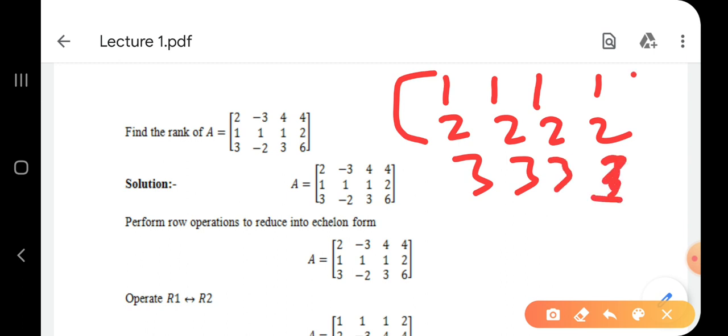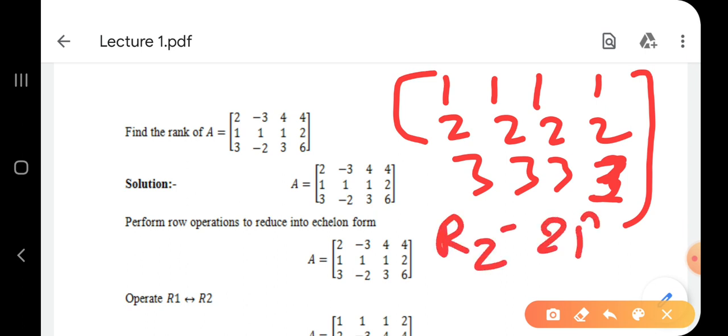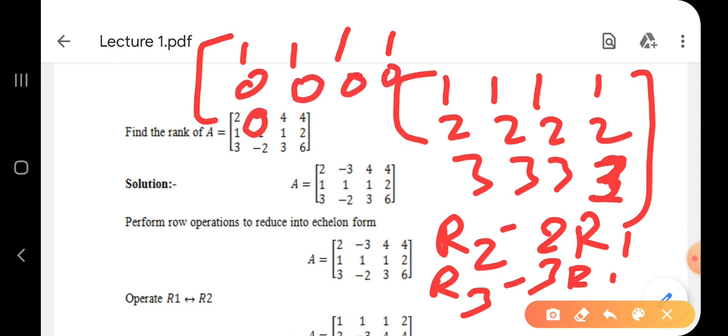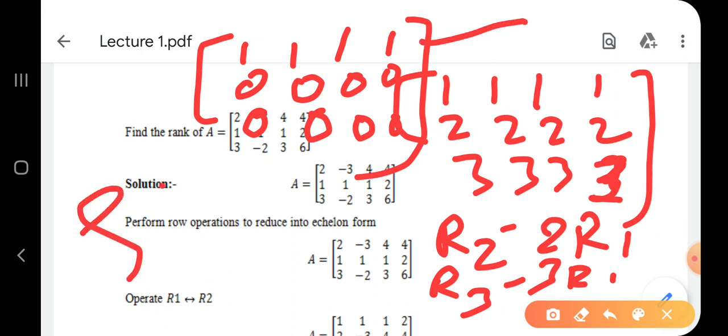If you see carefully, I use R2 minus 2R1, then R3 minus 3R1, and I get 1, 1, 1, 1; 0, 0, 0, 0; 0, 0, 0, 0. So how many non-zero rows are there? Only 1. So the rank of this matrix is 1.